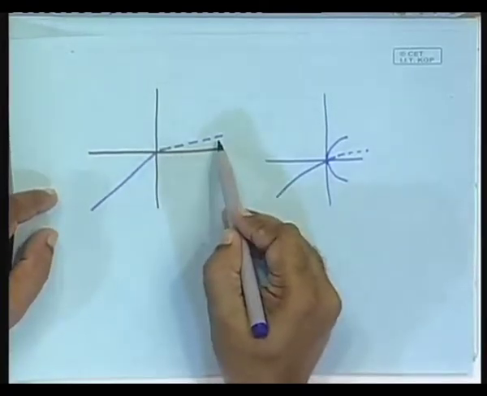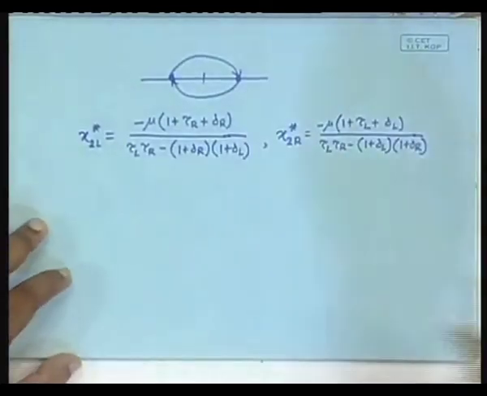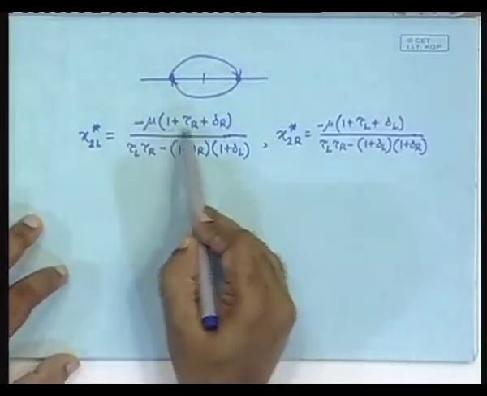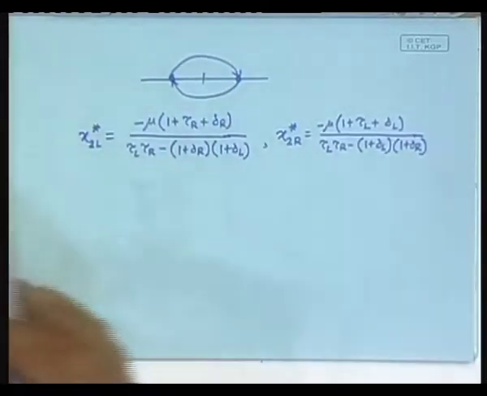Mu to be positive. If mu is positive, then the existence will depend on this, and I am considering the situation where is my parameter space?